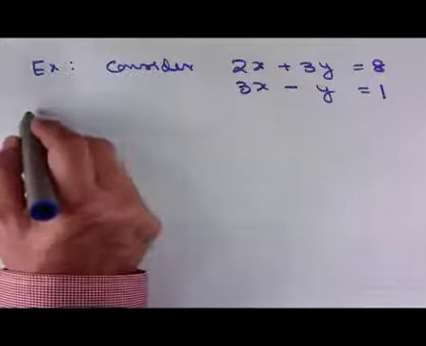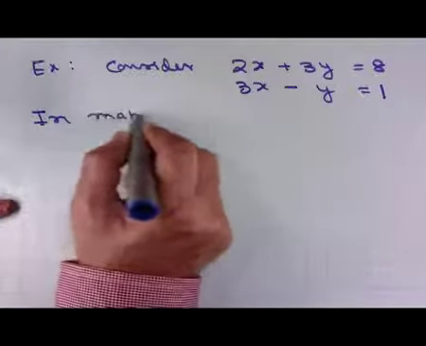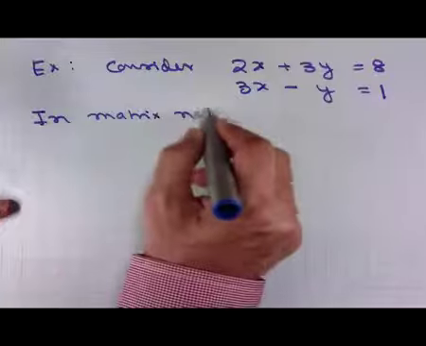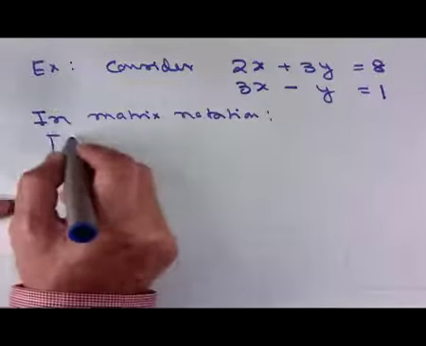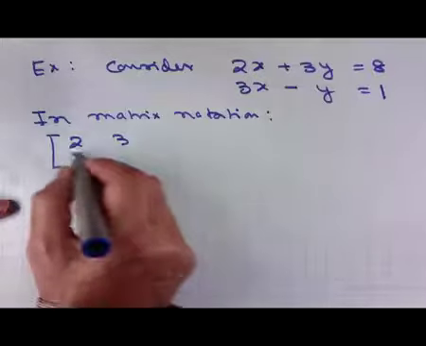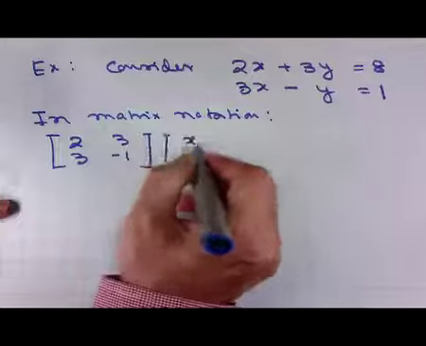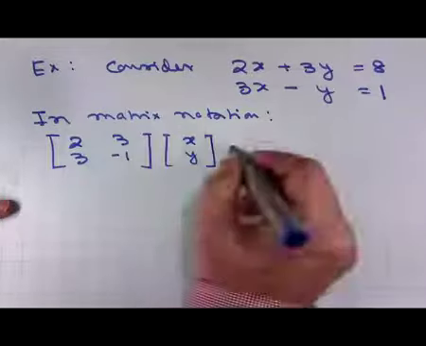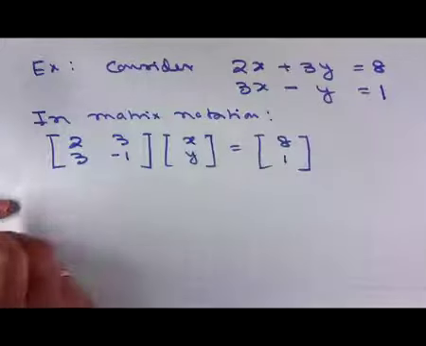Therefore, in matrix notation, [2, 3; 3, -1] multiplied by [x, y] is equal to [8, 1].